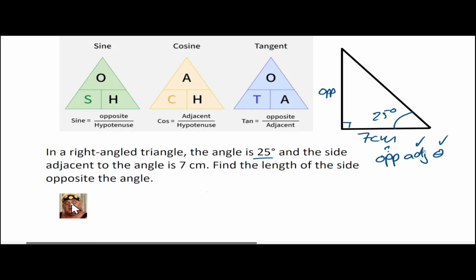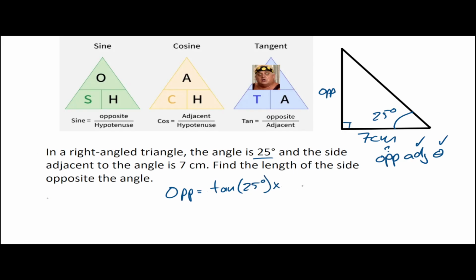We're looking for the opposite side, so let's put Dusty over the opposite side. So the opposite side is going to be equal to tan of 25 degrees times the adjacent side, which is 7. I want to find some that are a bit different to this, but let's do this for now.